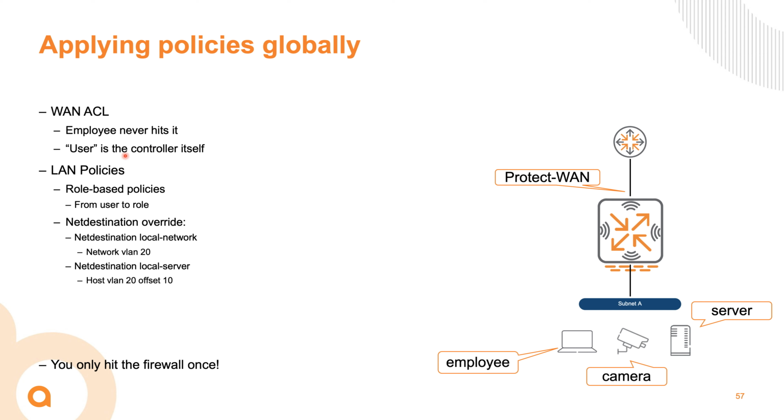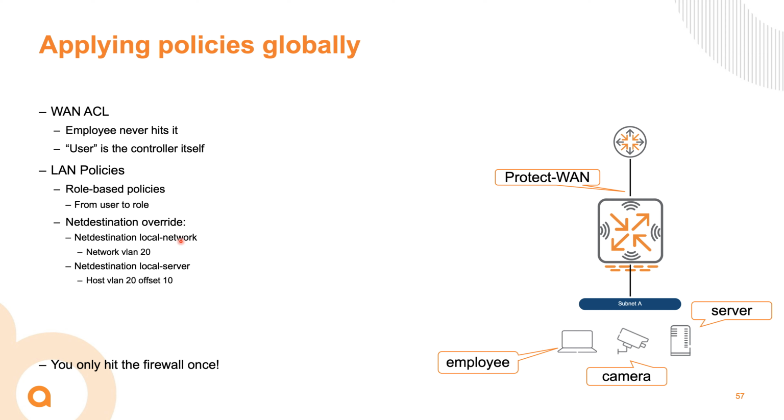And the same applies for the LAN policy. So if an employee would like to talk to the camera, the employee role and with that attached the ACL would determine if that is allowed to the camera. But the same if, for example, a camera would like to initiate traffic to the employee, it would return traffic back, but based on its ACL on that particular employee role.